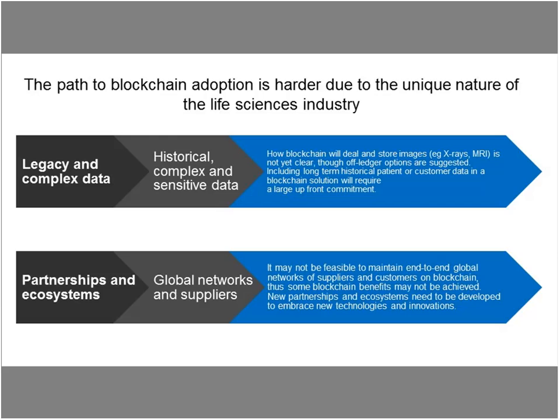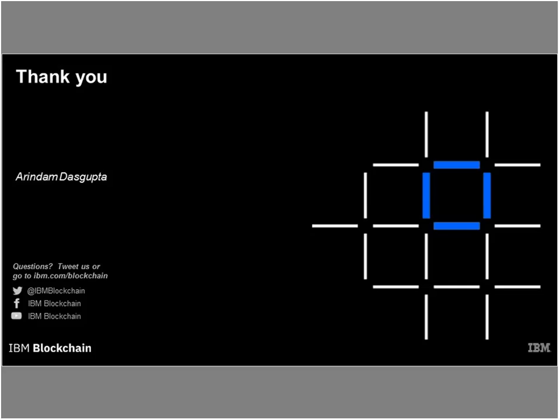So these are the two problems: legacy and complex data, and partnership and the ecosystem. You can identify these two things as problems while doing the blockchain architecture at the production level, but using your expertise, I am sure you can overcome them.